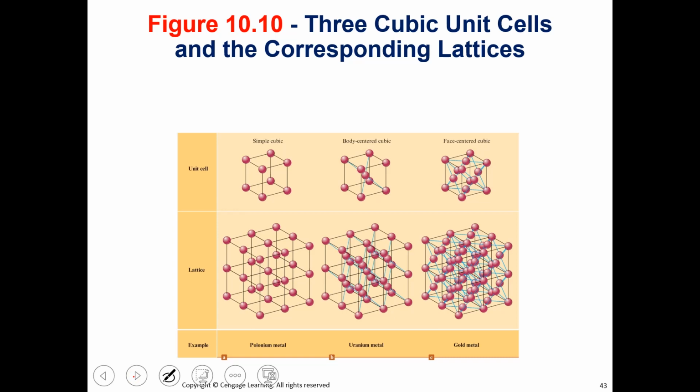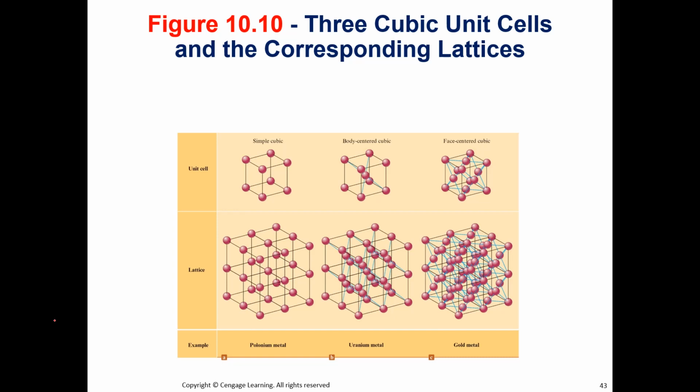There are different ways that unit cells can be arranged, and we're going to talk about three of the main ones here, and then some variations within those main three unit cells. One of the types is a simple cubic unit cell.